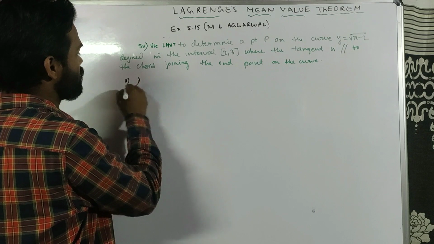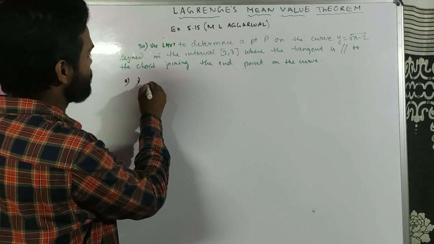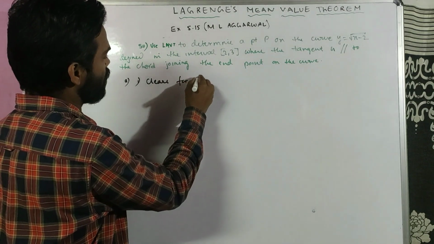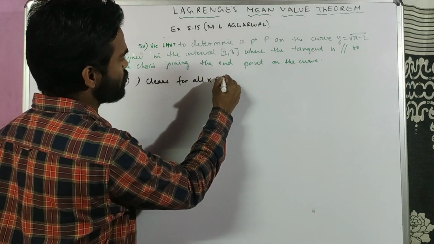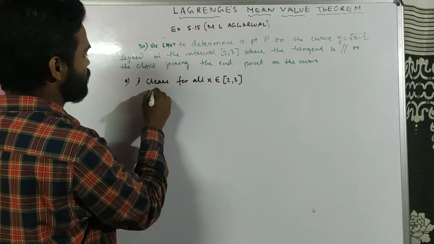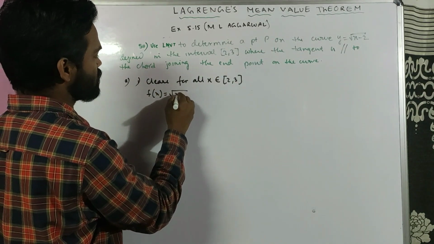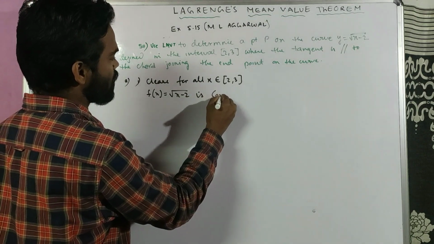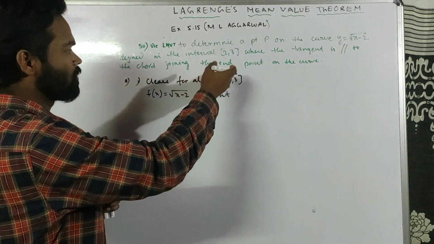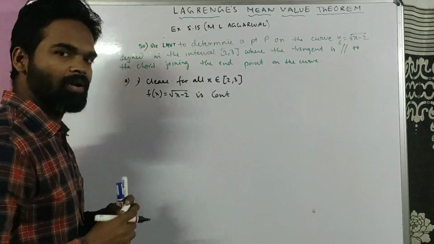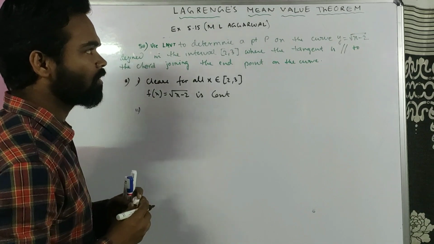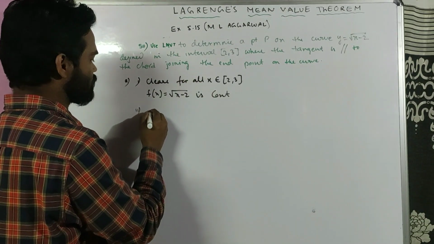Lagrange's mean value theorem. First of all, clearly for all x belongs to [2, 3], f(x) equals root x minus 2 is continuous. You put any value from 2 to 3, including 2 and 3, you will get some defined value, which means it is continuous. Differentiable or not? Let's differentiate this first.